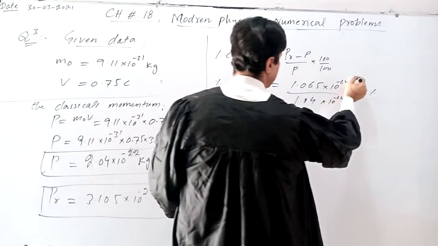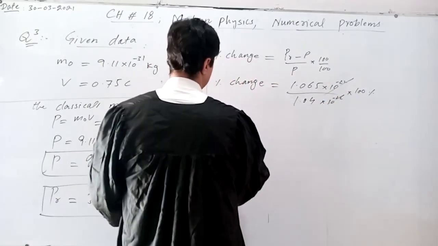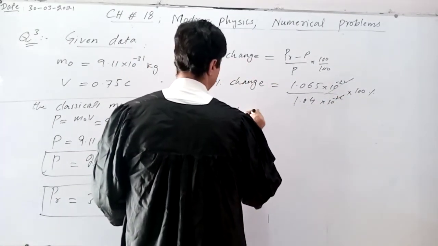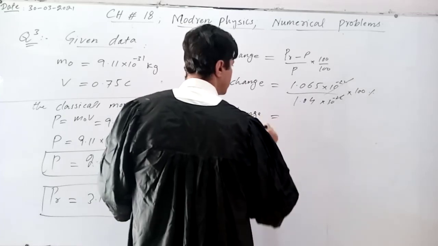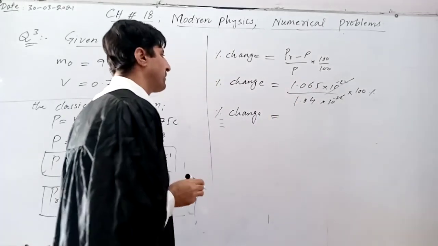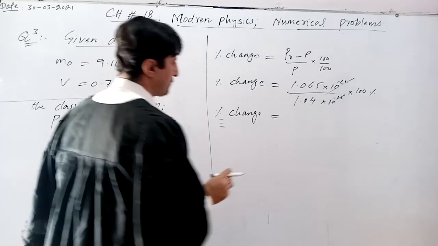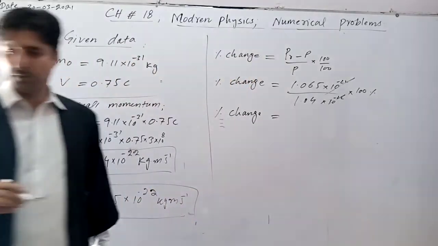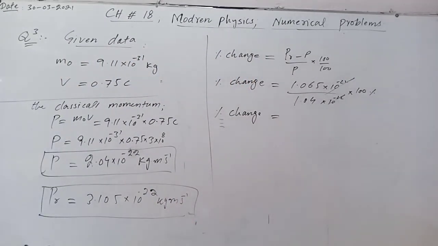There are certain cancellations. So percent change in this momentum is equal to 1.065 divided by 2.04 multiplied by 100%. So the final answer will be of the order of 52%.